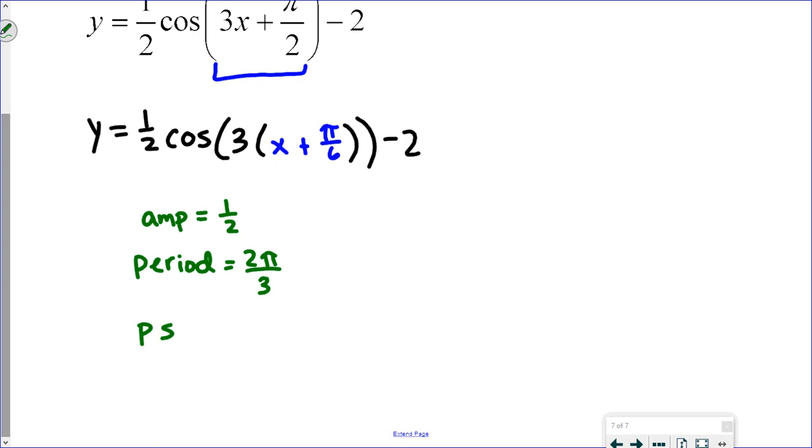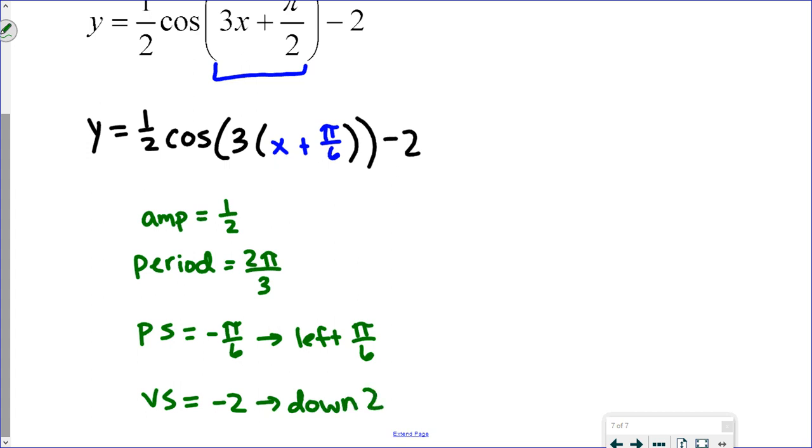Okay, our phase shift is a plus pi over 6, so negative pi over 6, which means we're going left pi over 6. And then our vertical shift is negative 2, which means we're going down 2.